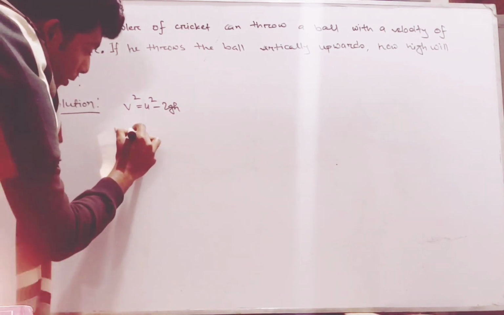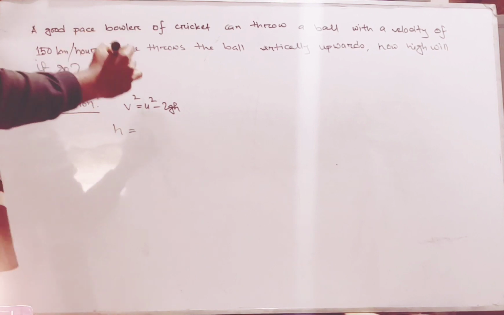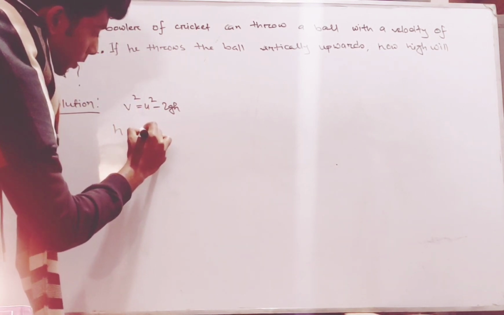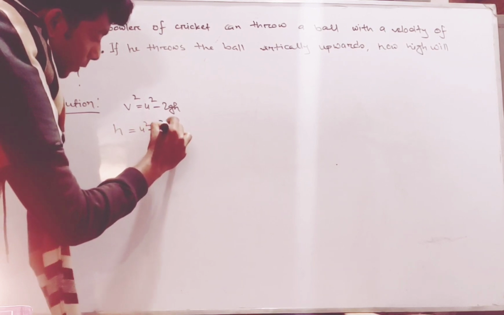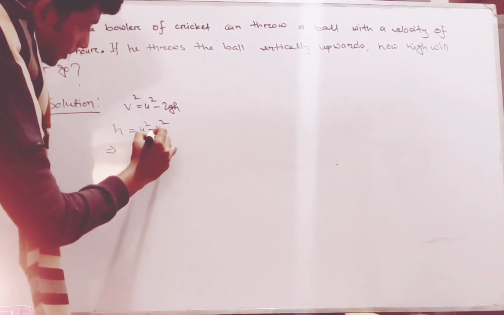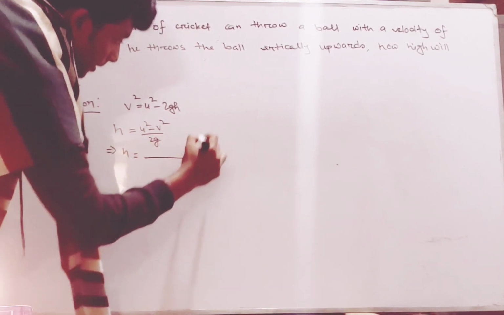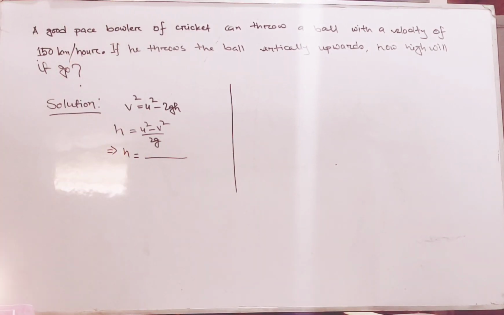So h equals u squared minus v squared by 2g. Now I'm going to write down all the data.